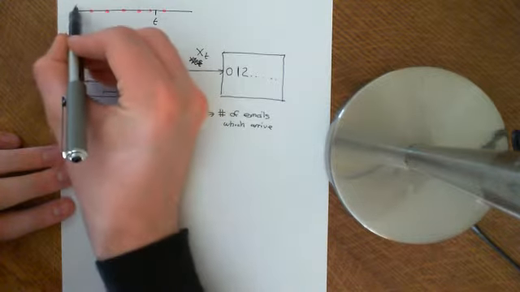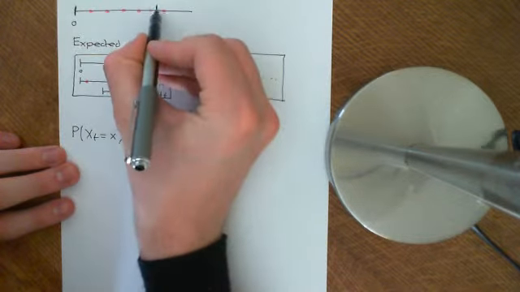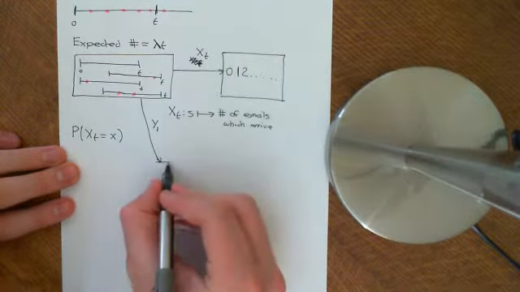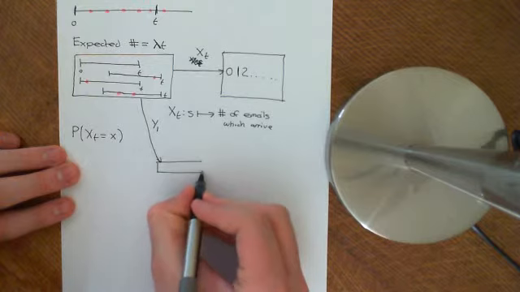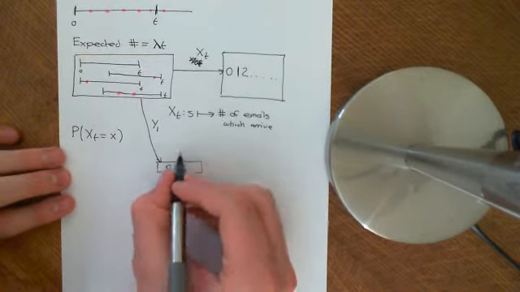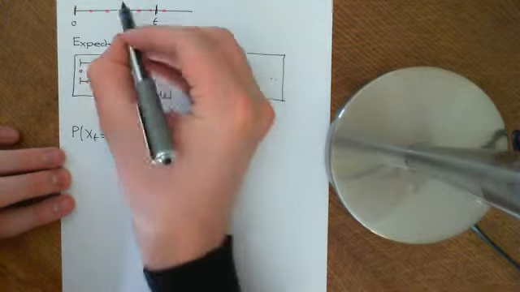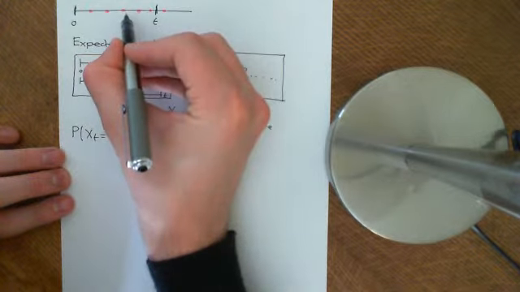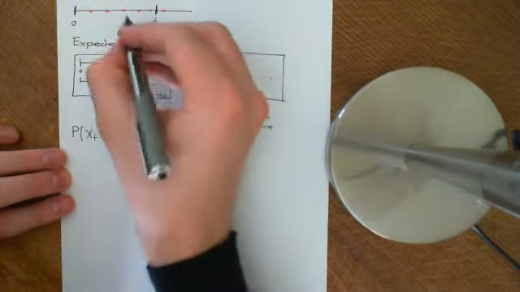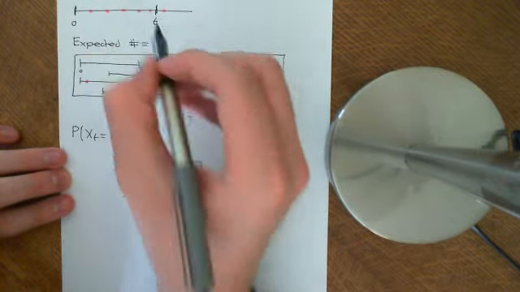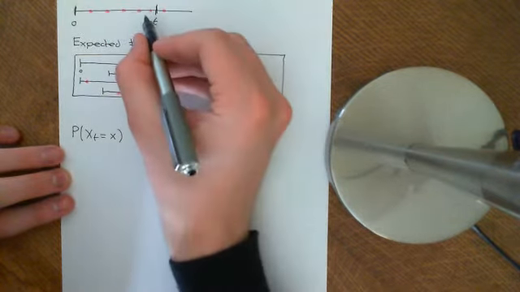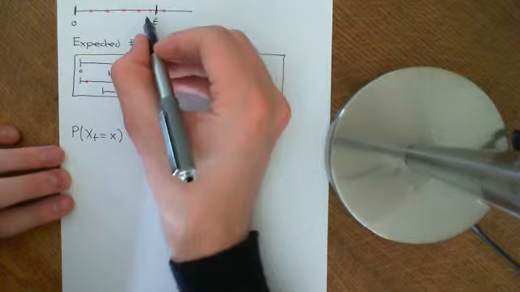So it's going to keep it as the whole interval, and it's going to ascribe you a 0 if no emails arrive within 0 to t, and it's going to ascribe you a 1 if at least one email arrives in 0 to t.